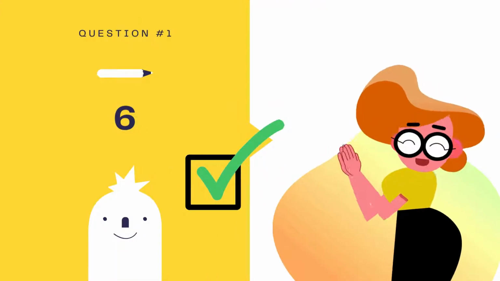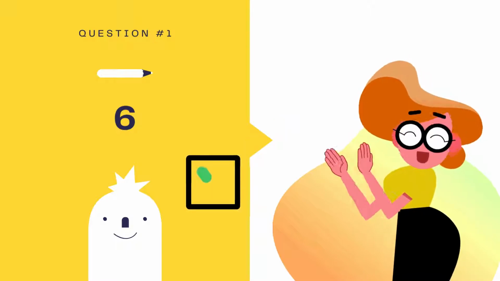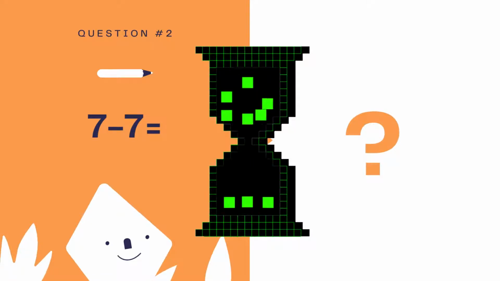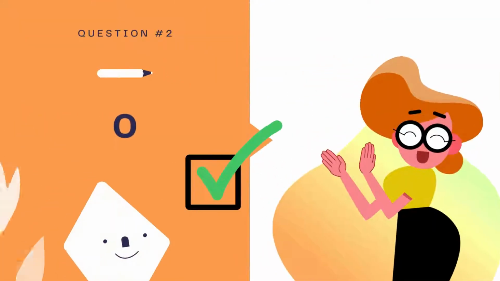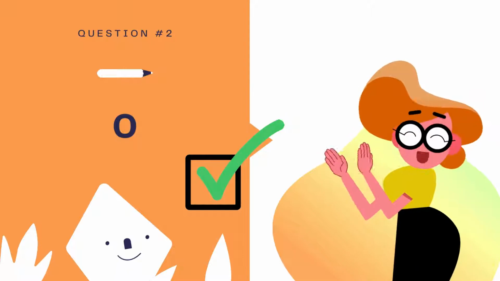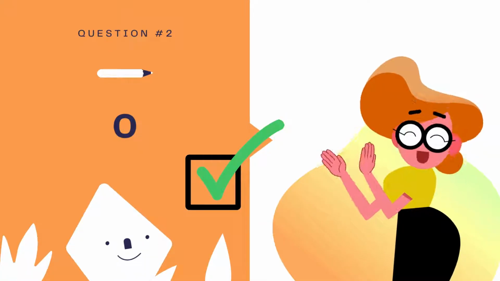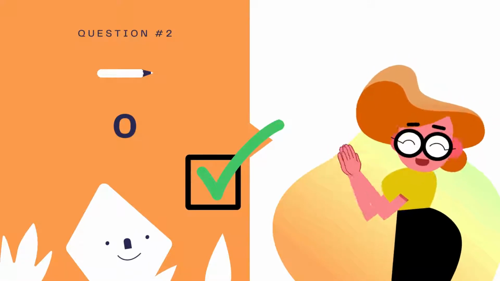The answer is 6. Well done. Next question. 7 minus 7. Let's check the answer. The answer is 0. Well done if you get it correctly.